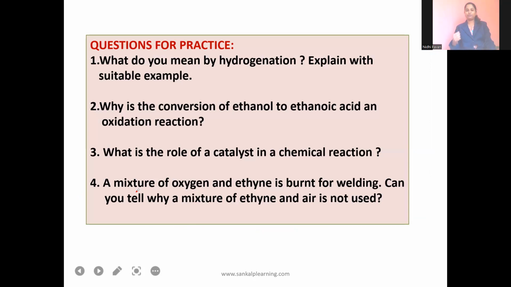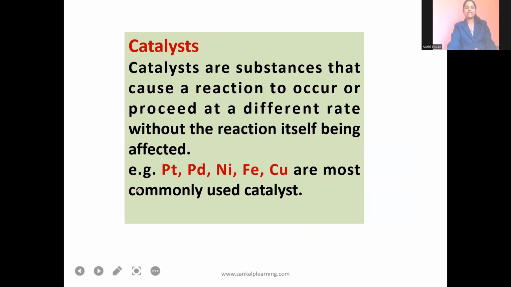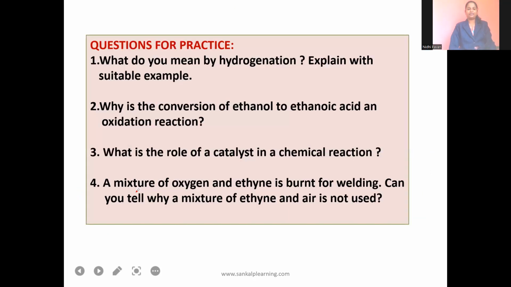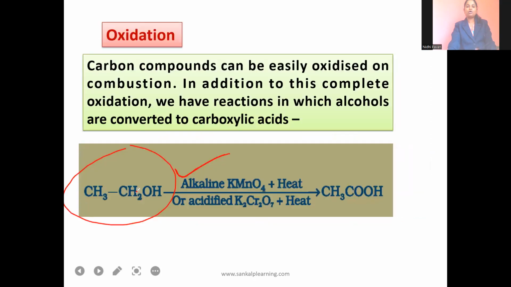Right. So here you can get certain questions like this. What do you mean by hydrogenation? You have to explain with the hydrogenation of vegetable oil, or using this reaction. Then, what is the conversion of ethanol to ethanoic acid? See here, alcohol to carboxylic acid is nothing but an oxidation reaction, asked in an applied way.